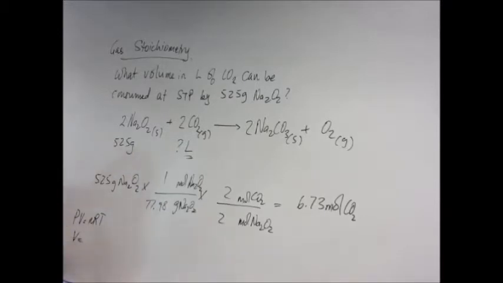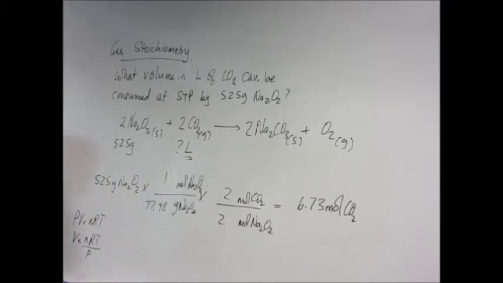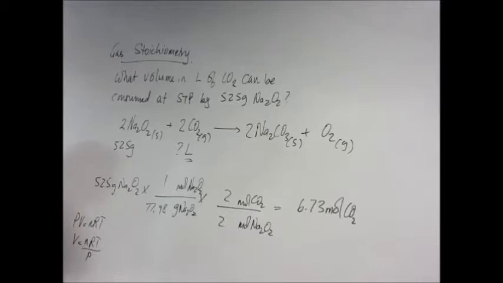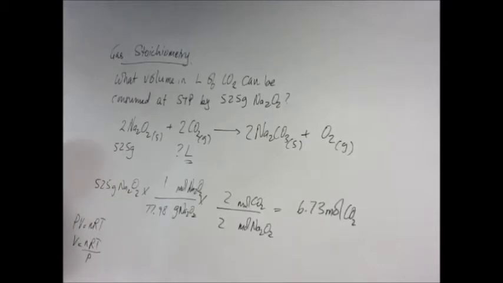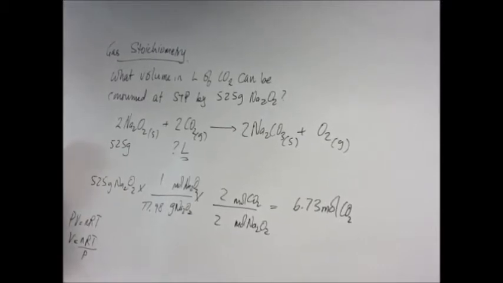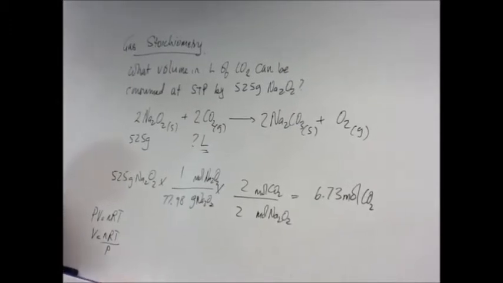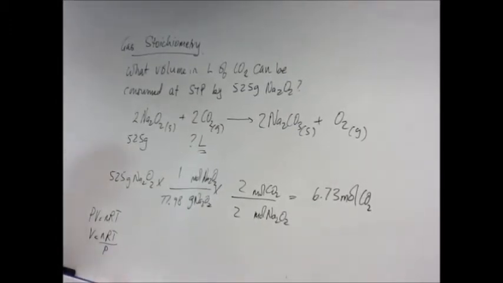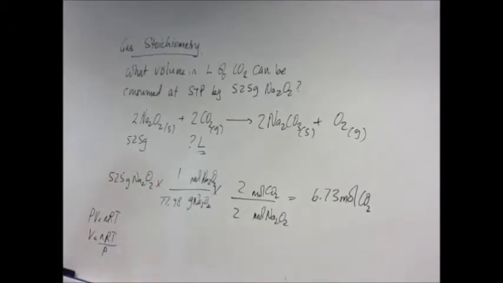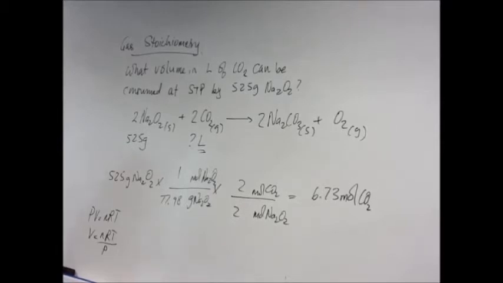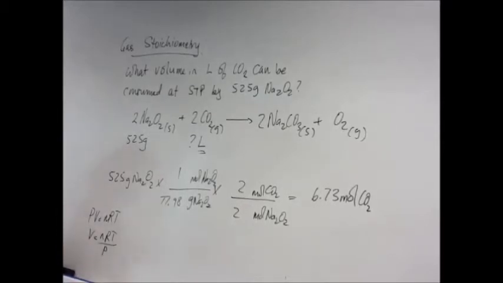So volume is equal to nRT over P. But I'm going to tell you a shortcut. You can do V equals nRT over P without any issues. If you forgot everything that we did in class today, you're most welcome to go ahead and do this. You will still get the right answer.